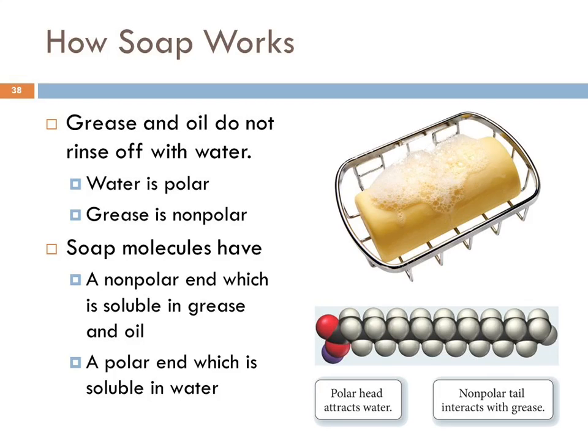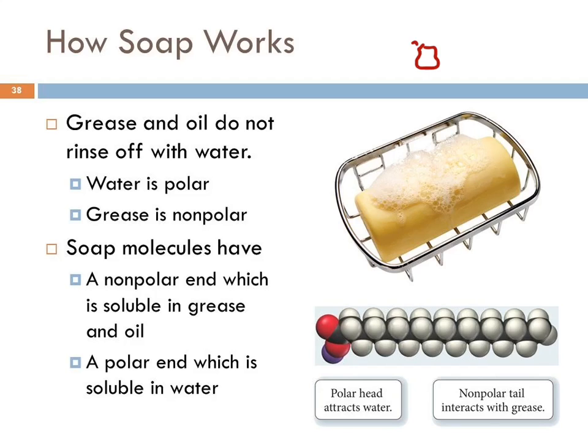And we need a picture of what this actually does. So what happens is, here you've got your glob of grease. Okay? The grease all wants to stick together because the water is excluding it, and we need to get the grease into smaller pieces and escort it through the water.